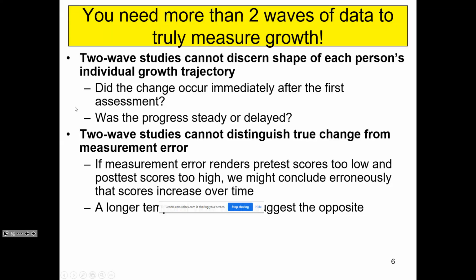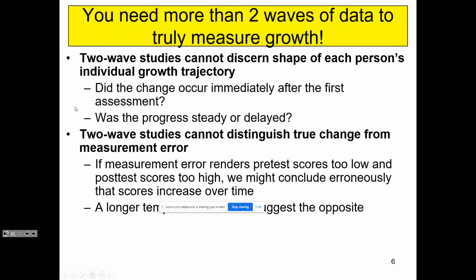Measurement error is a constant theme in this class: everything is measured with error. Imagine you measure somebody at pre-test and at post-test, and both of those scores are measured with error. Let's say at pre-test the measurement error is positive, so the person scores higher than they should have, and at post-test the measurement error is negative, so the person scores lower than their true score.